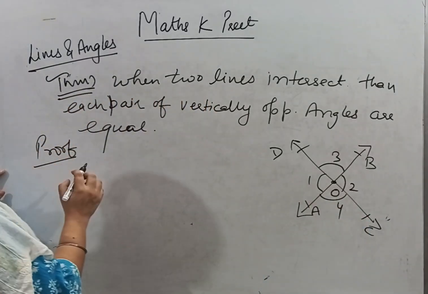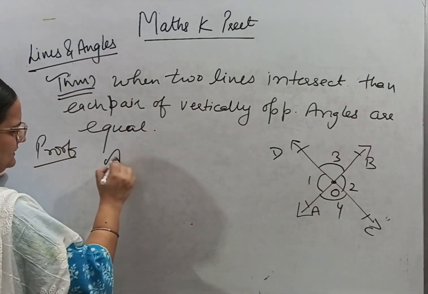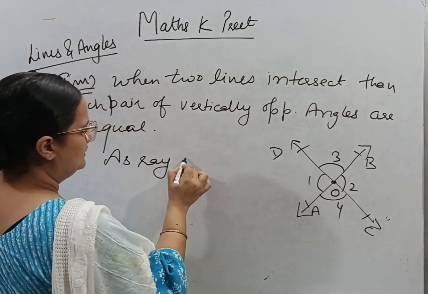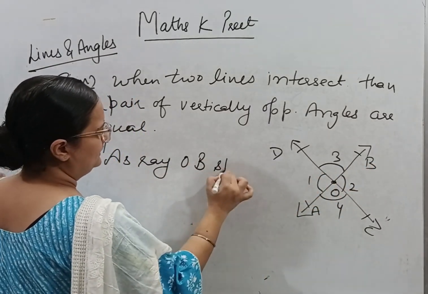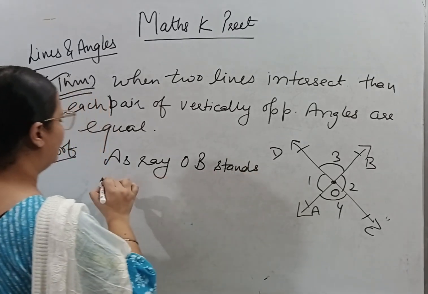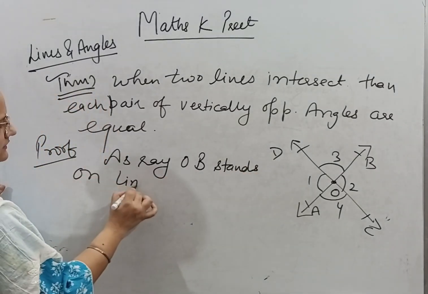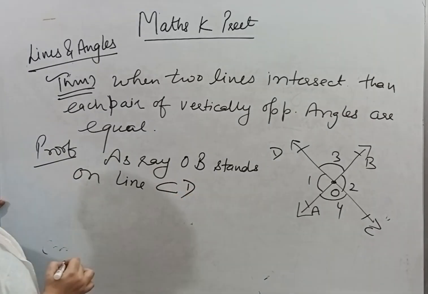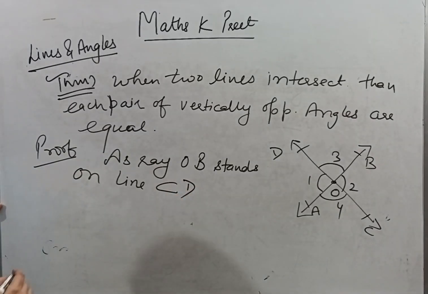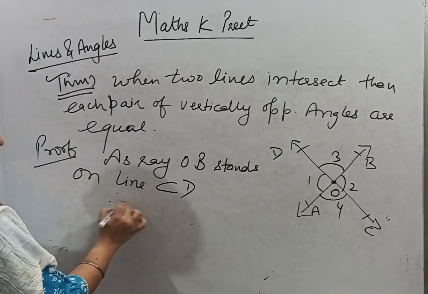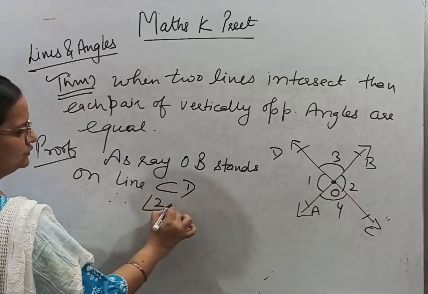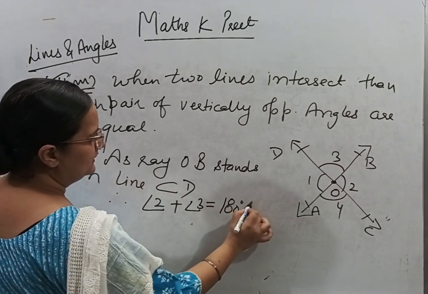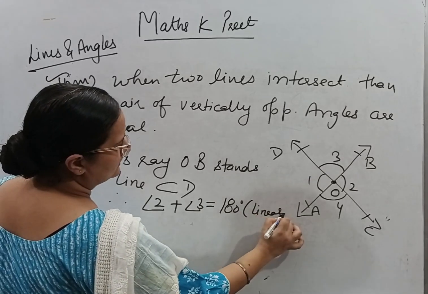So the proof is, as ray OB stands on line, what is the line here for ray OB? CD or DC. As ray OB stands on line CD, therefore angle 2 plus angle 3 will be equal to 180 degrees, linear pair of angles.